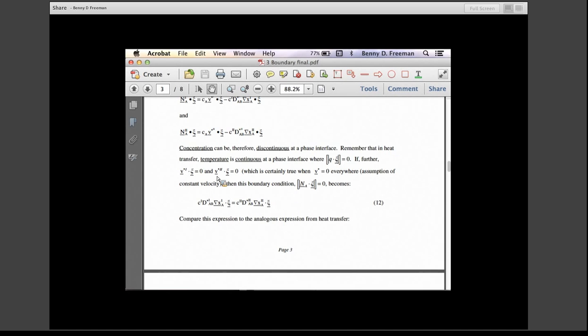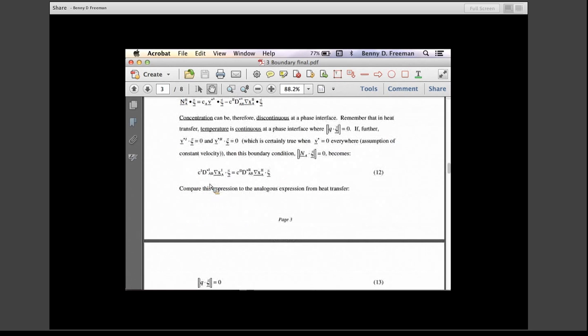You have a no-slip condition right at that solid liquid interface, and the solid itself is not moving. And under those conditions, the flux of A from one phase must equal that in another. And if you have no transport of a species of interest into that solid wall, then this term would be zero, and therefore the flux of A at that interface would be equal to zero.